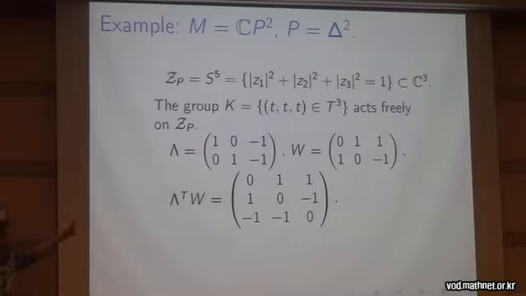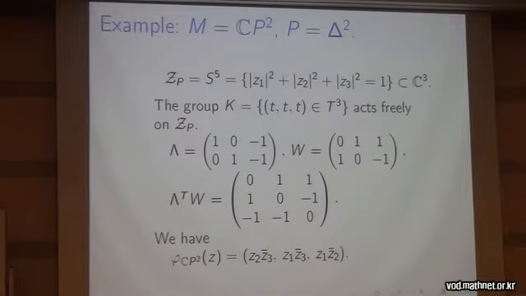The columns of W are weight vectors of the torus T2 acting on holomorphic curves in this case. You can see the weights, they can be chosen as follows. And here's the product, and lambda transpose times W generates monomials of this form.